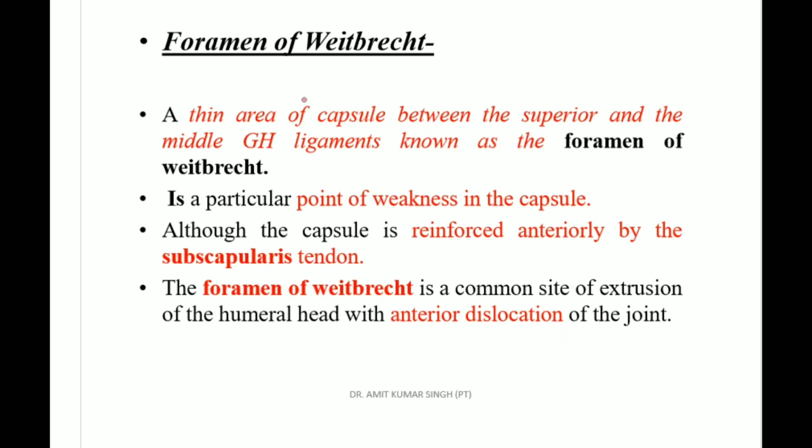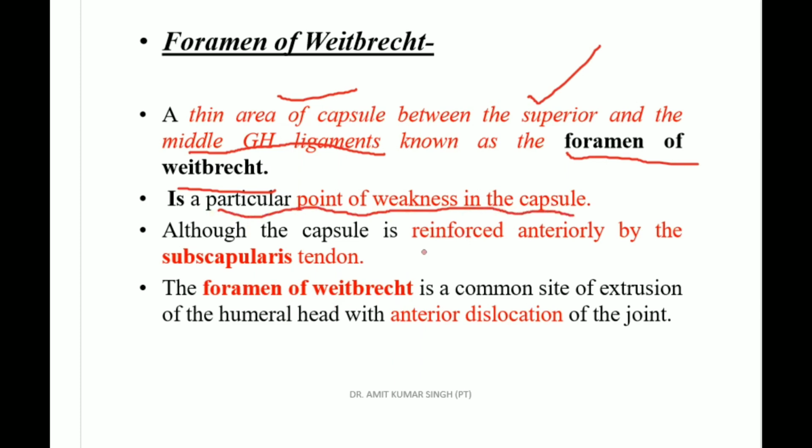There is one important structure known as the foramen of Weitbrecht. This is one of the thin areas of the capsule, present between the superior and middle glenohumeral ligament, and it is a particular point of weakness in the capsule.